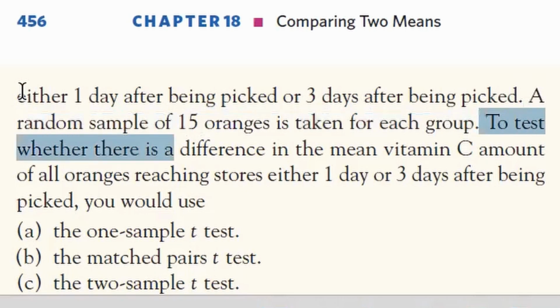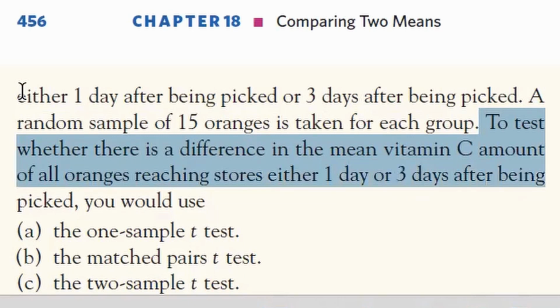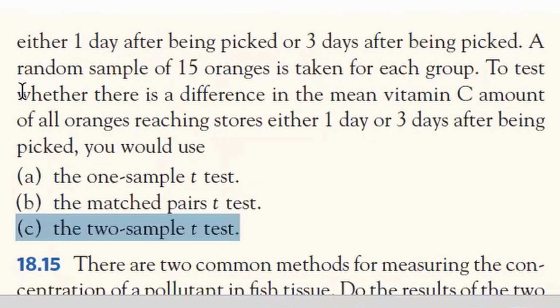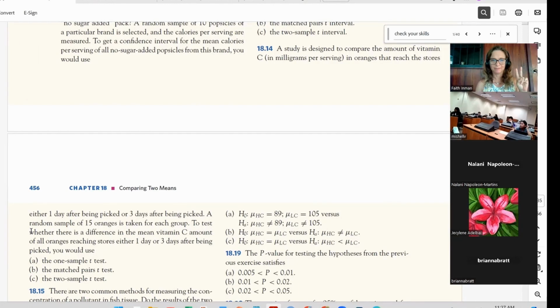To test whether there is a difference in the mean vitamin C amount of all oranges reaching stores either 1 day or 3 days after being picked, you would use, what's the appropriate test, right? Think about it. You can figure this out. One sample t-test, the matched pairs t-test, or the two sample t-test. Well, first of all, do we have 1 sample or 2 samples? That's fair.